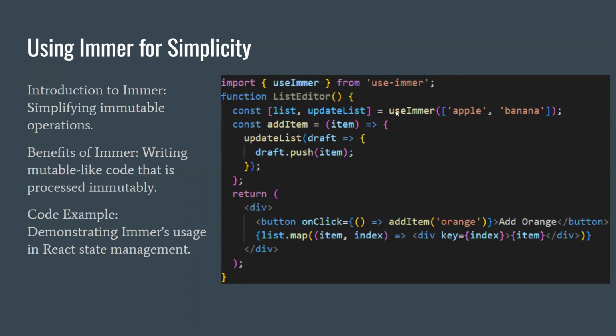We can use methods like push or directly modify properties in a draft state, and Immer will produce a new immutable state based on these changes. This simplifies our code, especially if you have to deal with complex state structures, while still adhering to React's best practices.